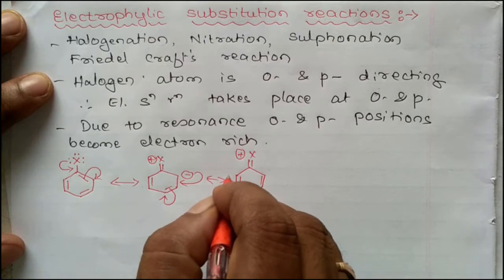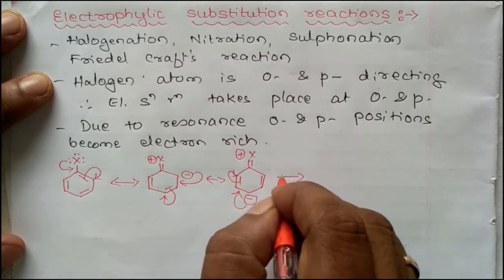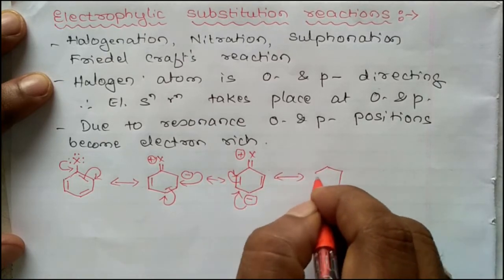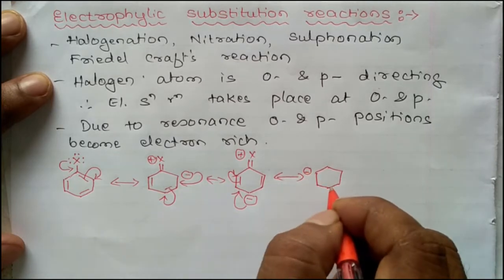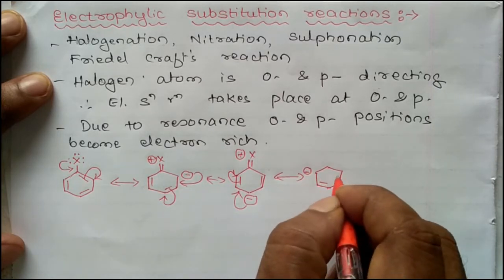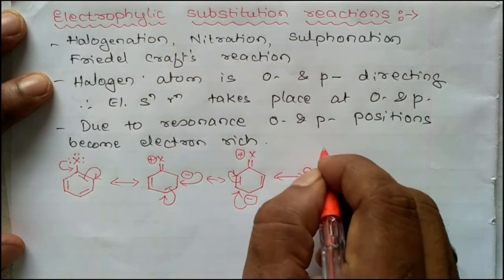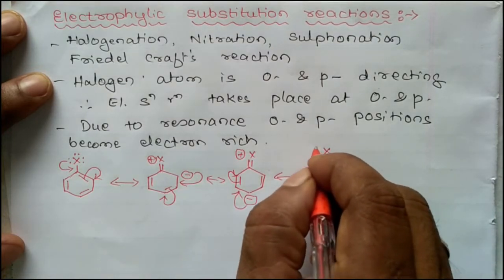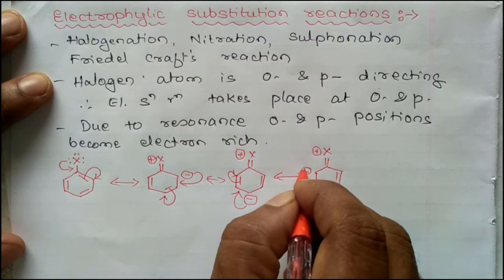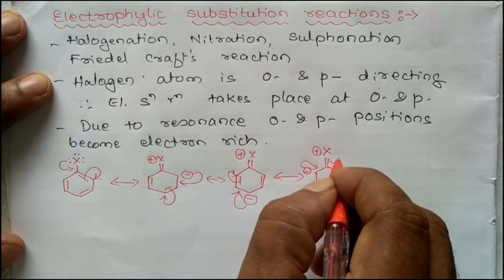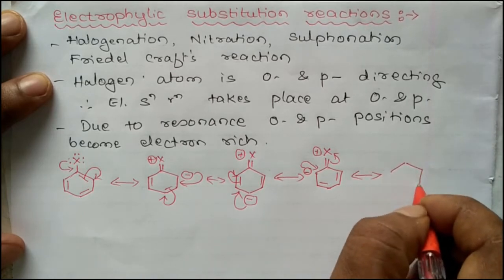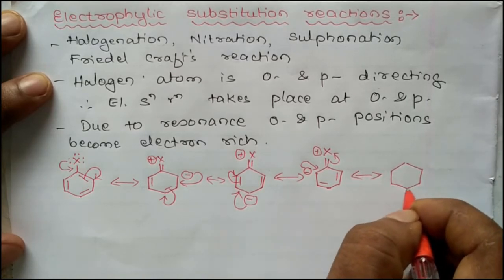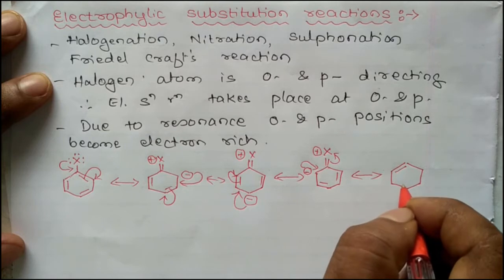Movement of electron takes place like this. You are going to get one more structure with negative charge over here, double bond X plus. The movement of electrons takes place like this. You are going to get the final resonating or canonical structure like this.